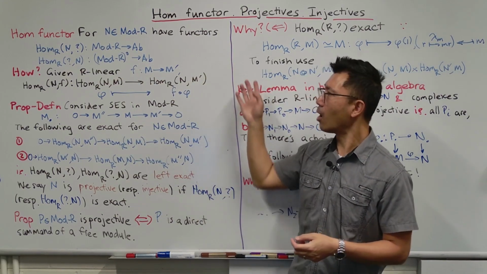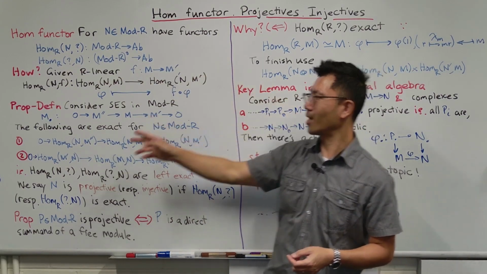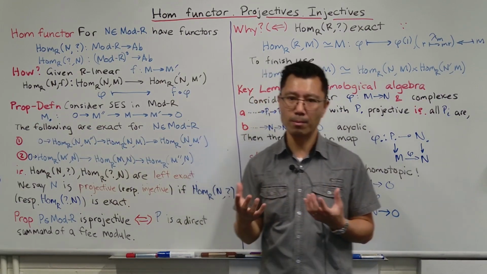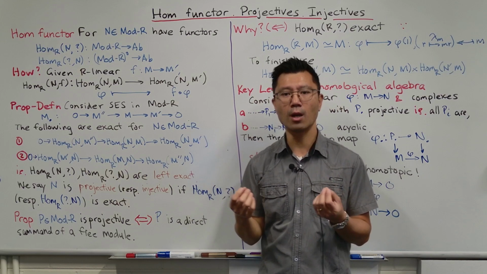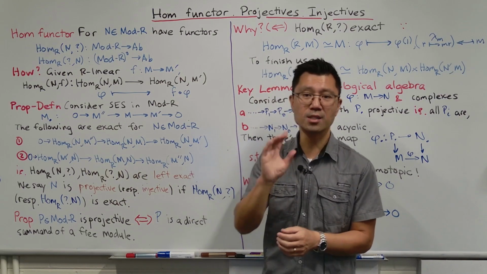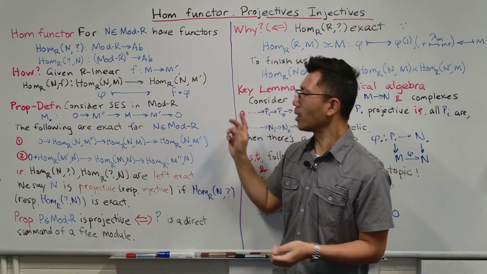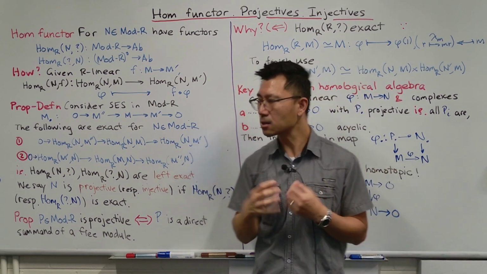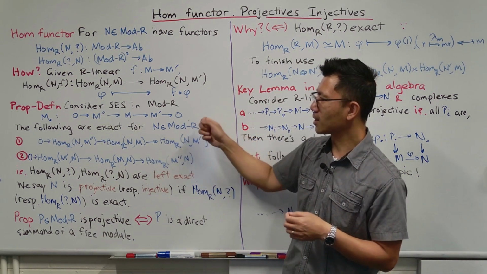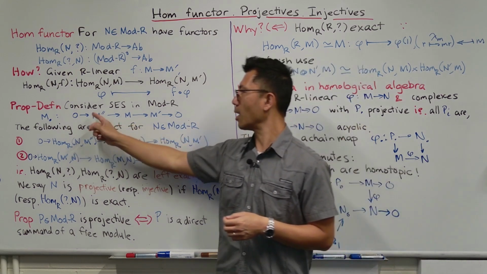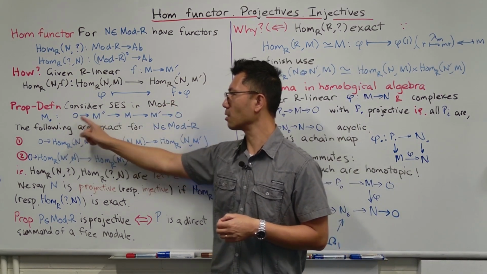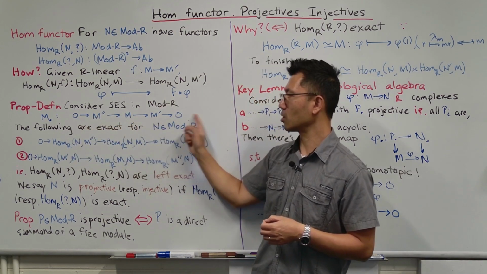And now what I want to do is to show you in this proposition definition how the Hom functor, even though it might not be exact in general, is close to being exact. Okay, so in what sense is it close to being exact? Let's remind ourselves what it means for a functor to be exact. Basically, you start with a short exact sequence inside your domain category. So here it's the category of R modules: 0 to M'' to M to M' goes to 0.